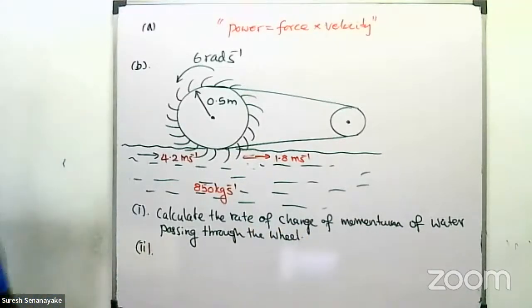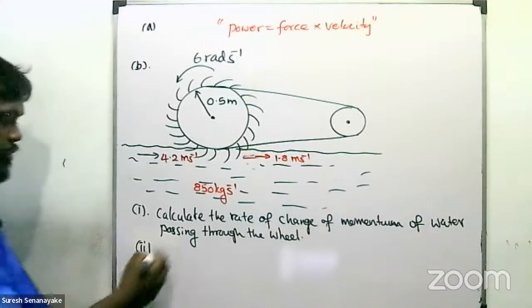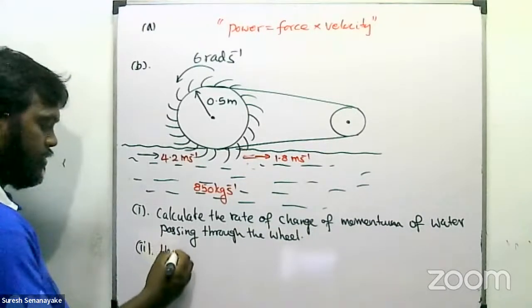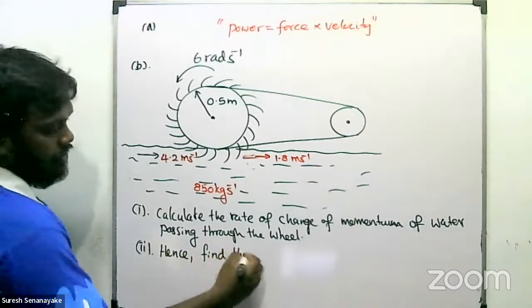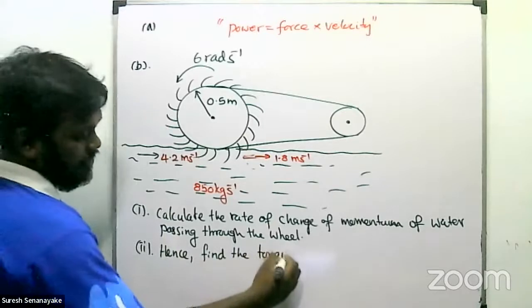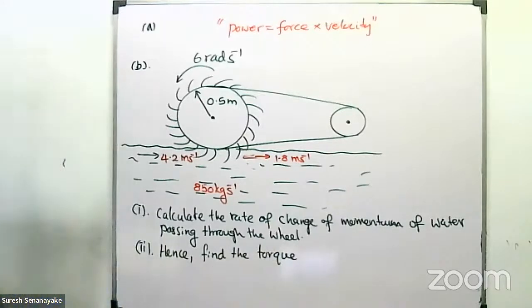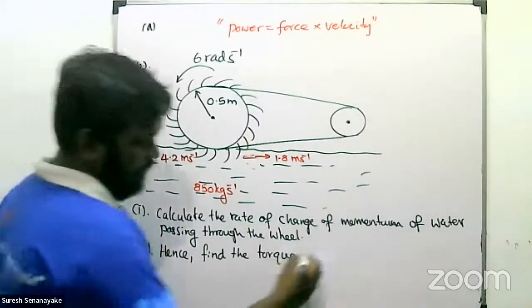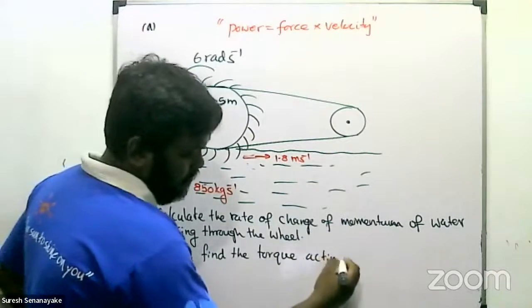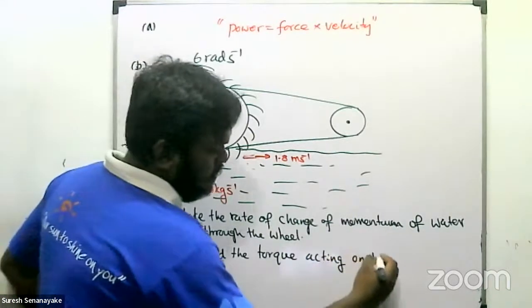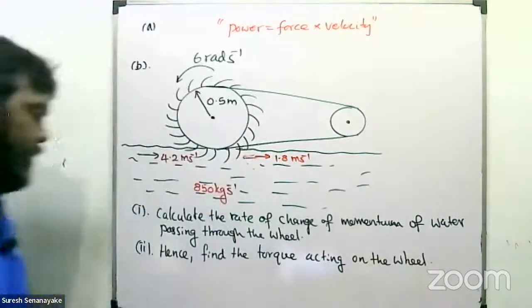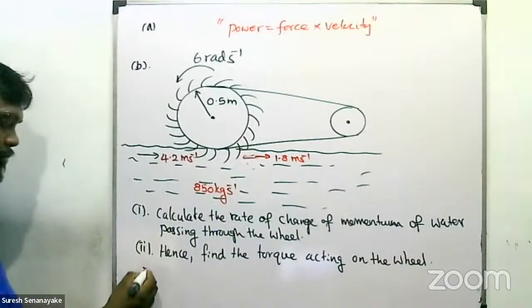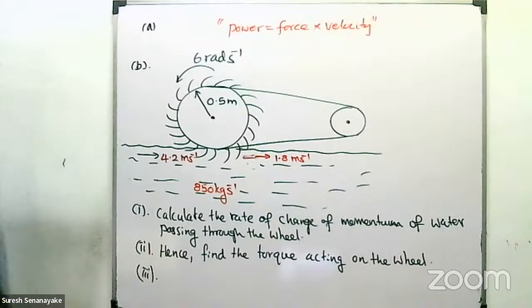Second part. Hence, find the torque acting on the wheel. Let's find the torque acting on the wheel. Third one.